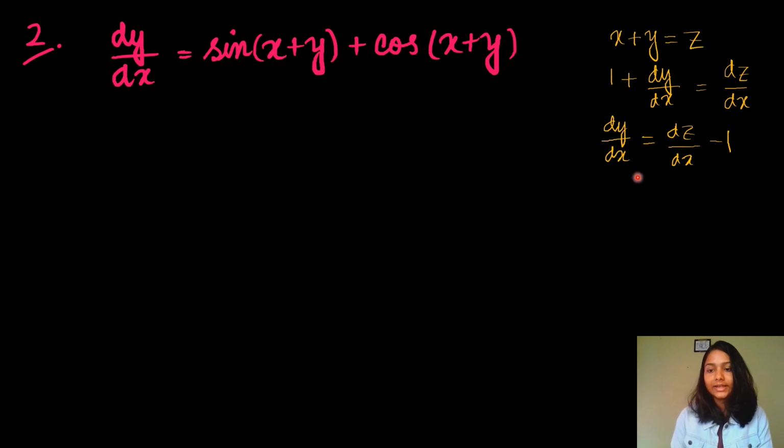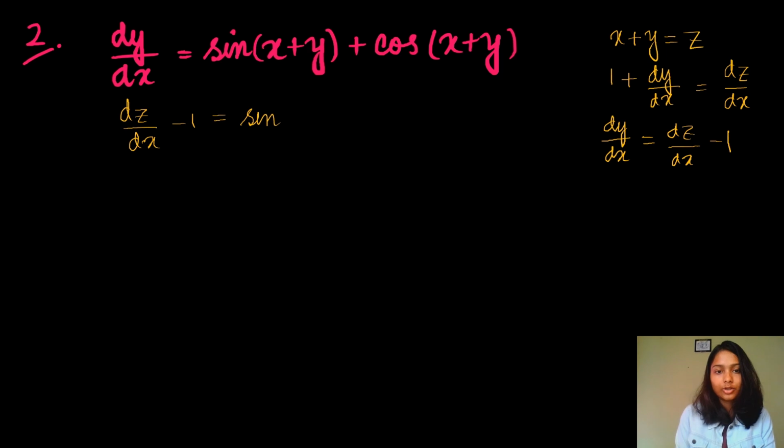So if we put this dy/dx in here, and again x plus y as z, we will obtain dz/dx minus 1 equals sine of z plus cos of z.